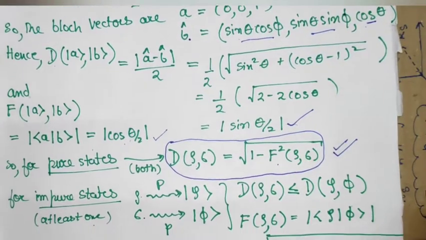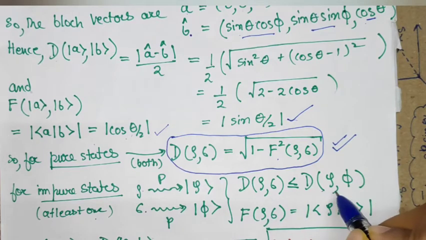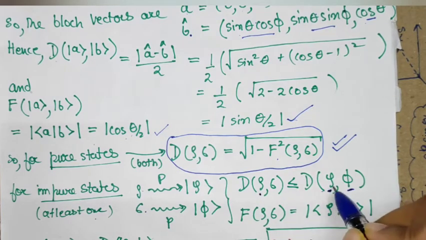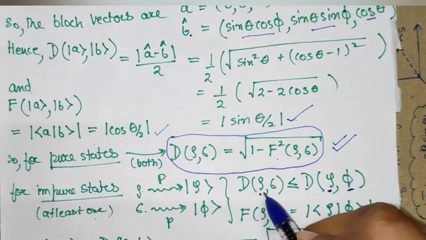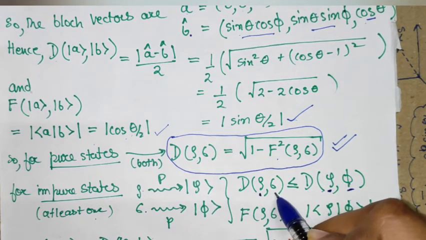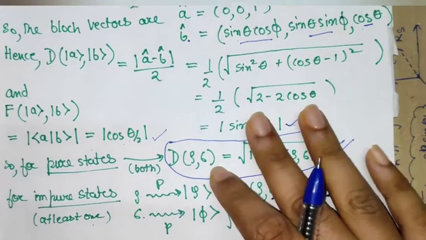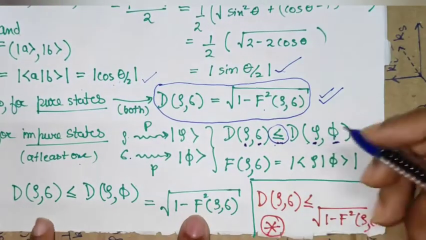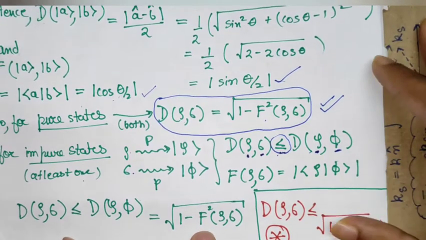So we see that given pure states psi and phi, which are the purifications of rho and sigma, this inequality will always hold, because purifications are associated with tracing out our systems.